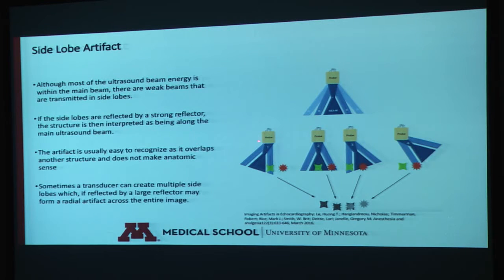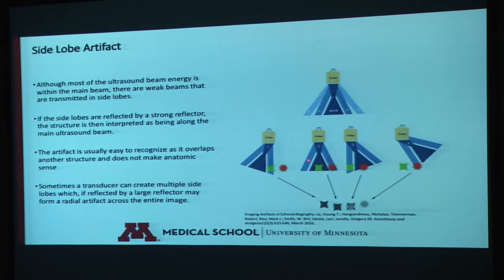So when you start off here, there's nothing that the main beam is reflecting off. The only reflection that's coming off is from the green structure here, and that's reflecting a side lobe beam. So in this case, this reflects back to the transducer. The transducer assumes that the reflection's coming from this main beam here, and it plots the green structure right there.